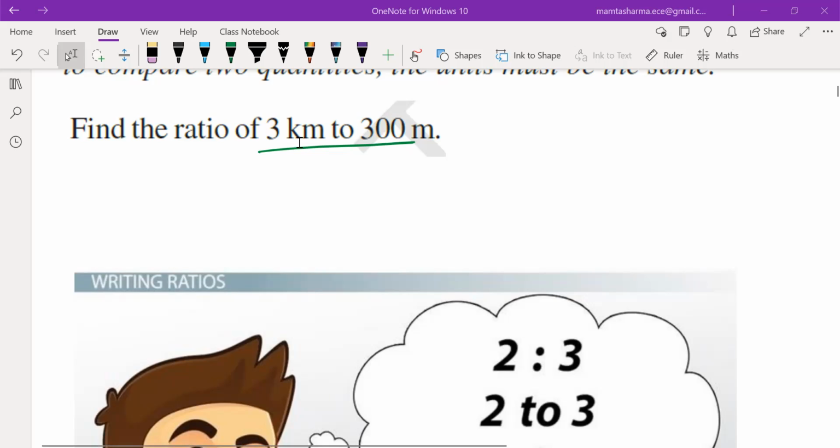I am saying again and again that while taking a ratio, the unit must be the same. Are they the same? Okay, ma'am. Convert the unit first and then take the ratio.